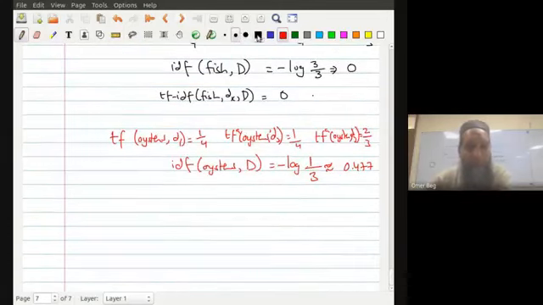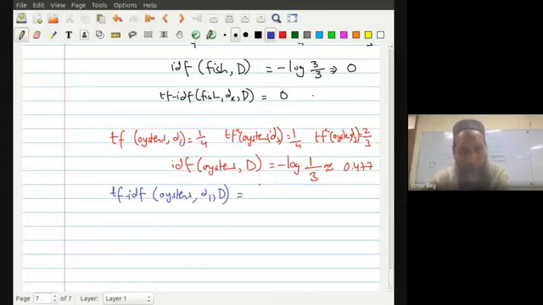See? And for each one of these documents, the TF-IDF would be computed separately. For oysters in D1, given the set of documents, that would be TF, which is 1 by 4, multiplied by IDF, which is log of 3, and this is 0.119.